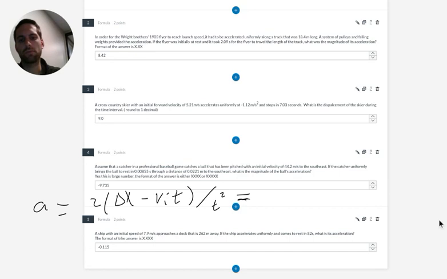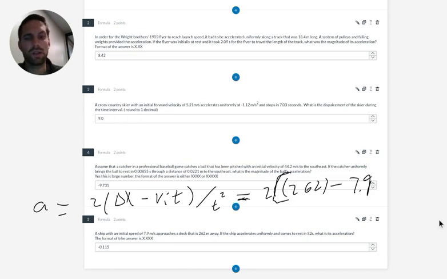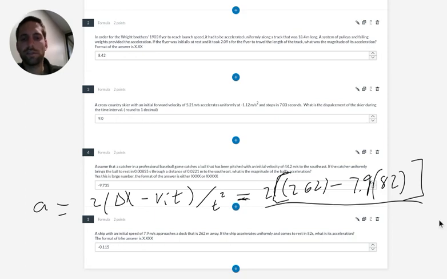That it's going to equal 2 times our displacement, which is 262 here, minus our initial speed, 7.9, times the time it takes, which is 82 seconds, then divided by 82 seconds squared.